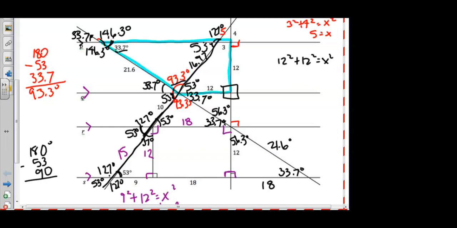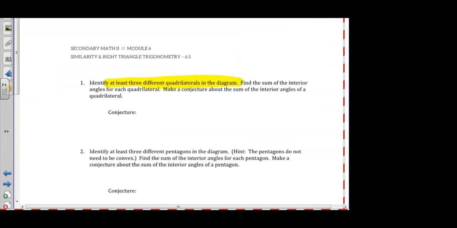And we're asked to find the sum of all the angles. So the sum of all the angles, I would add 33.7, and this would be 90, because all of those angles are 90, plus 90, plus 53, plus 93.3. So the sum of that one would be 360 degrees. So let's write that down. So that's one example.